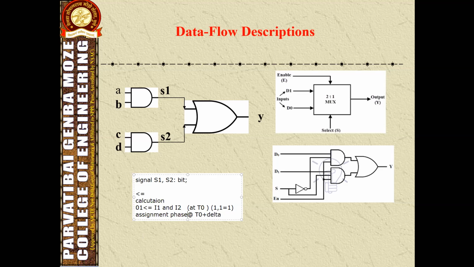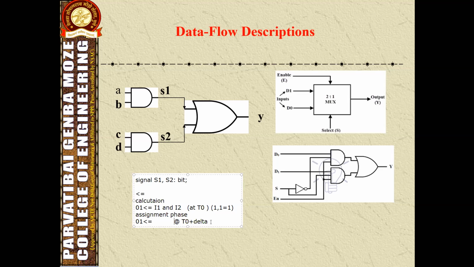In this assignment phase, what will happen? Whatever value is calculated, for example 1, is not directly assigned at this time. This value will be assigned to O1 at the time T0 plus delta. Normally, if the delta value is not mentioned, it may be 10 nanoseconds.